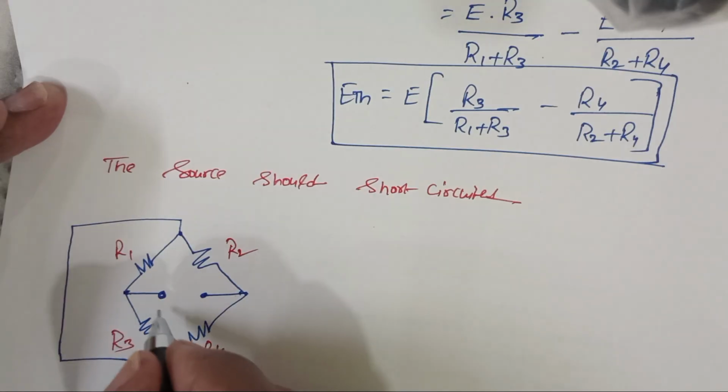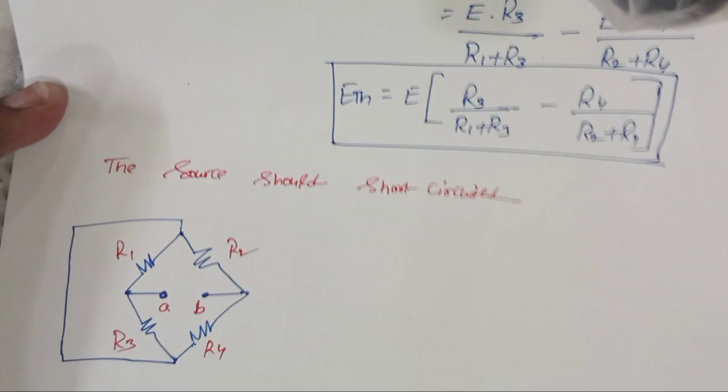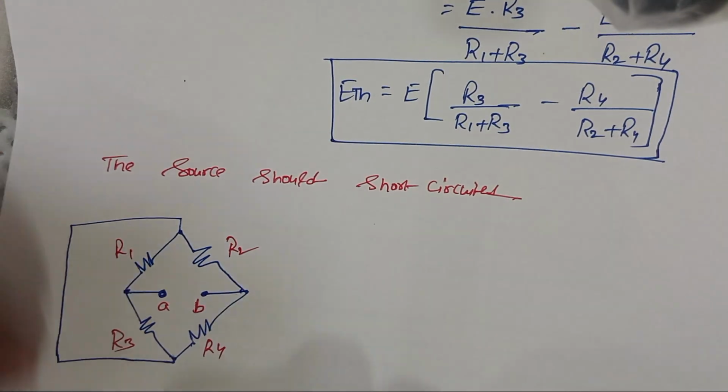This is point A and this is point B. Those are the two points we have.